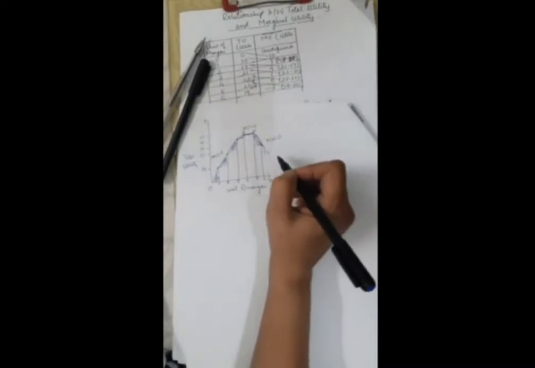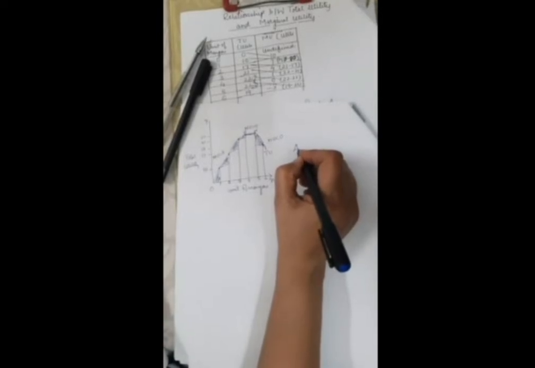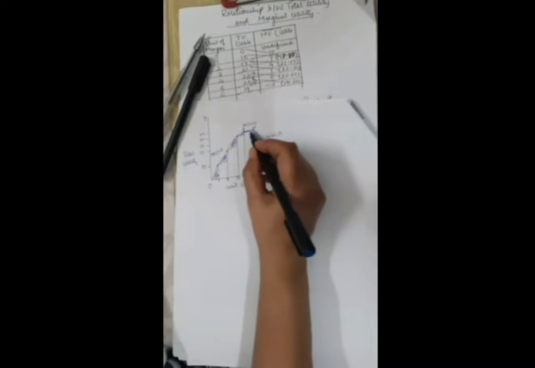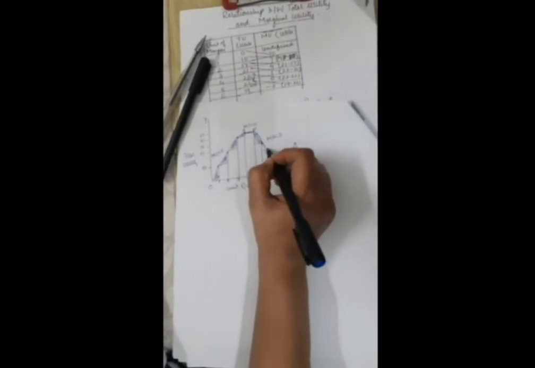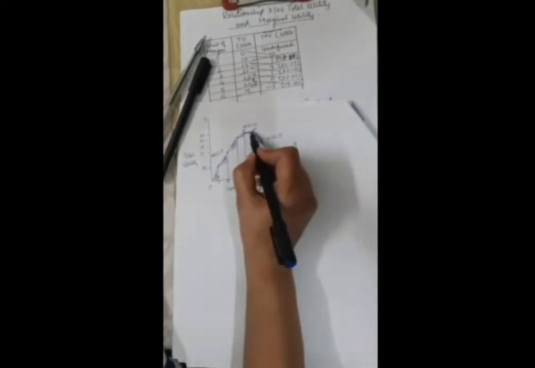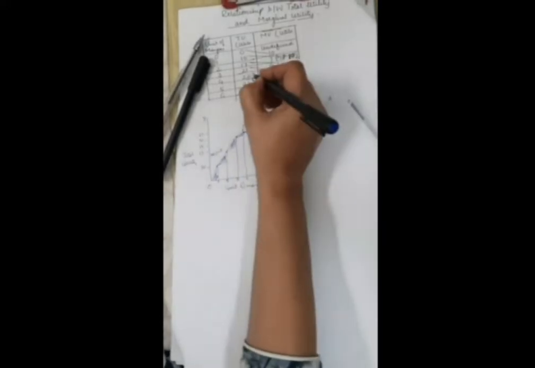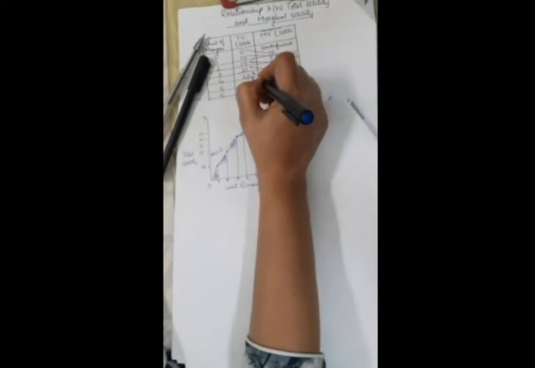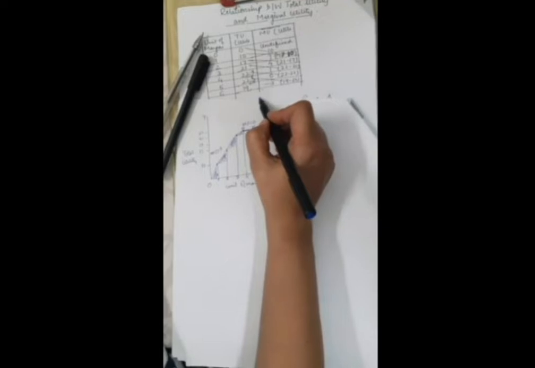So this is panel A. It shows that total utility increases first, reaches the maximum between M and N, and then starts decreasing. There is a saturation point, between 4 and 5 units, beyond which a rational consumer would not like to go, right?